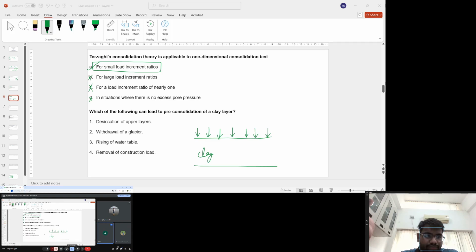Why not, sir? It is adding a load, sir. It is a past load which contributes as a factor once the glacier melts.